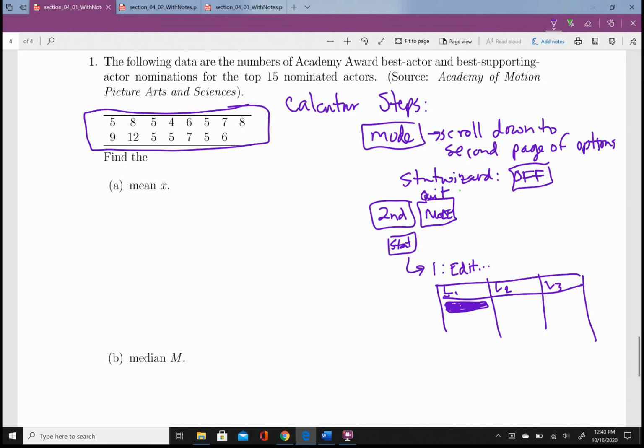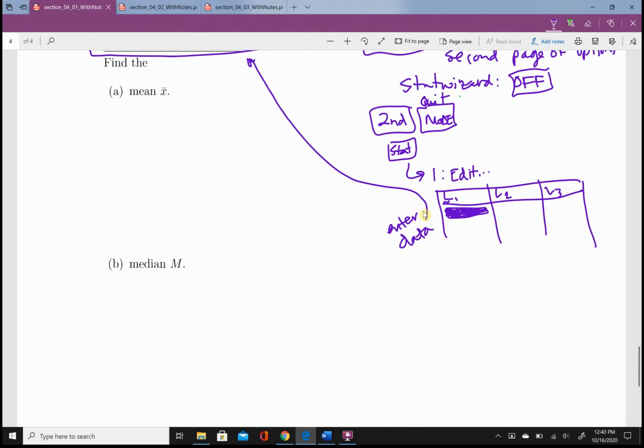So from there, you don't have to quit or anything like that. You're just going to enter your data. That's this stuff that I'm pointing at here. And then you want to press stat again, and then move over from the edit column over to calc.